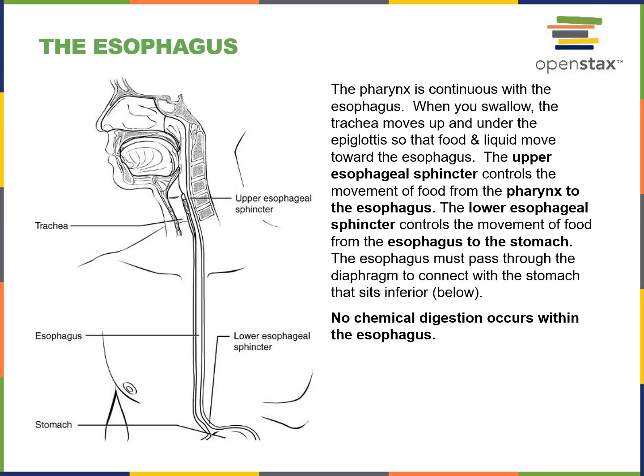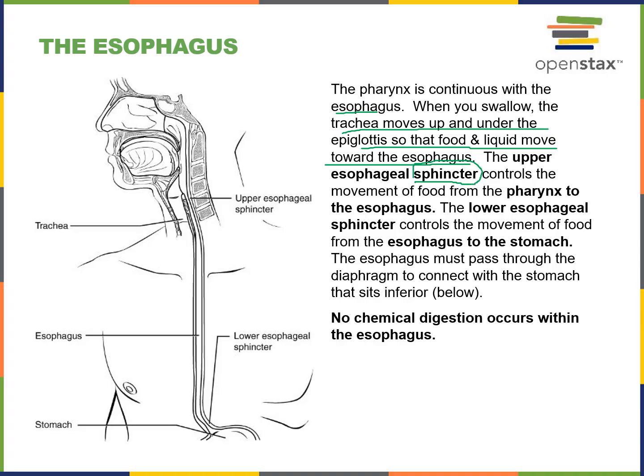So the pharynx is continuous with the esophagus. When you swallow, the trachea moves up and under the epiglottis so that food and liquid move toward the esophagus. We said that already. What we did not say is this word here, sphincter. What is a sphincter?